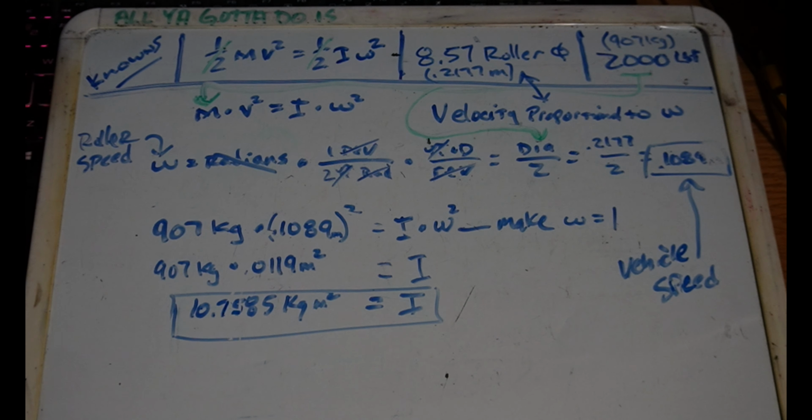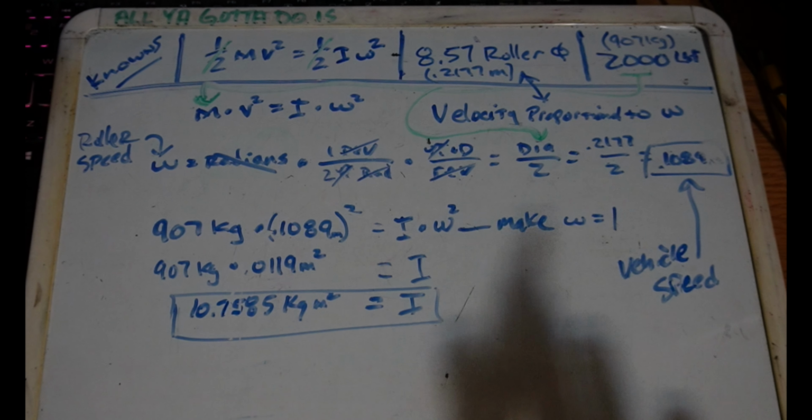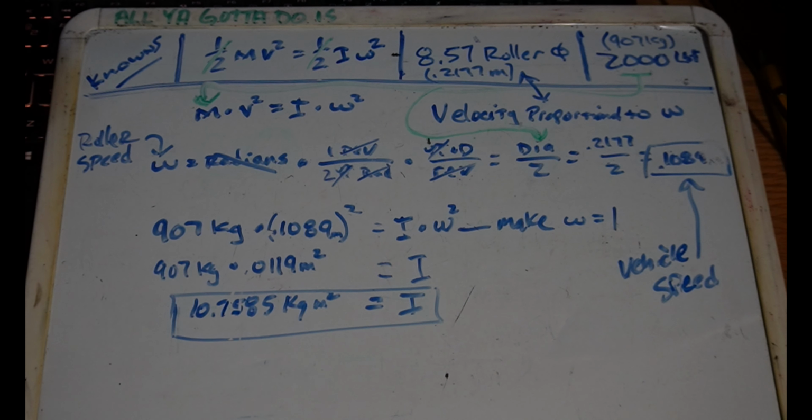So I'm just setting 1/2 mv squared equal to 1/2 I omega squared. I think they gave me all the information I need, or I know they did. Here I've put my knowns and my equations. I also need the roller diameter, and I need that 2,000 pounds or 907 kilograms.